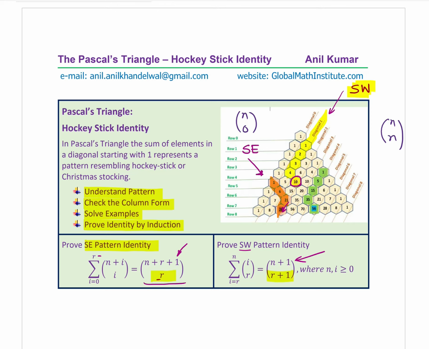In that case, the sum of all these elements is the next element along the diagonal but in the opposite direction. Do you see that? And that is how we get this hockey stick pattern, which is also called Christmas stockings. So with this proof and the examples which we discussed, I hope the concept is absolutely clear.